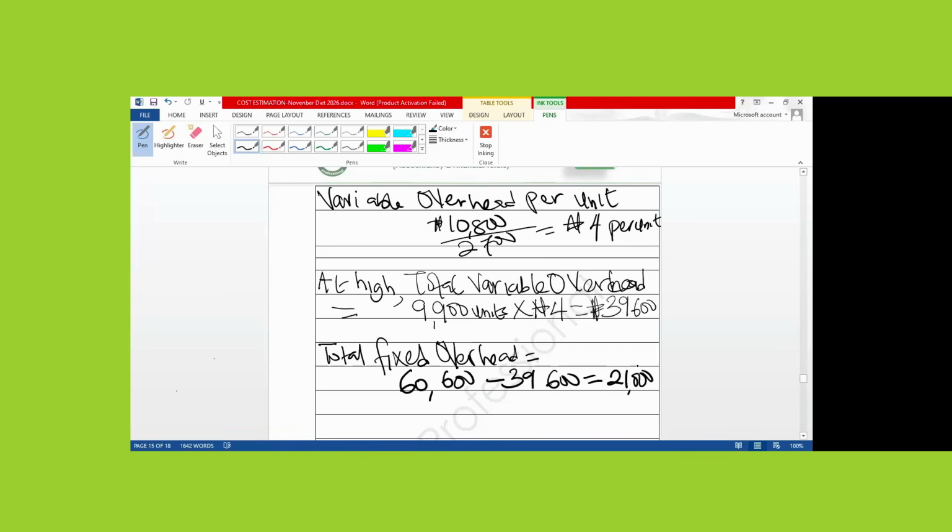You have separated the cost. Like I said, you can either use the high level or the low level. Total fixed cost will be the same, whether at the high level or at the low level.